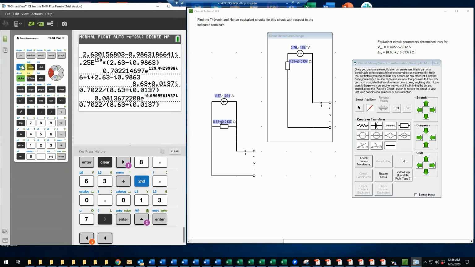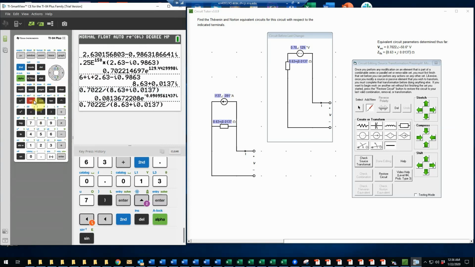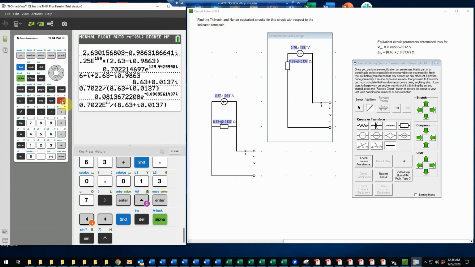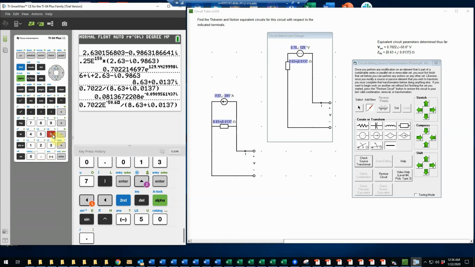I'm going to go into insert mode and put in my e to the power negative 50.6. So that's much better. I should have checked that more carefully before.